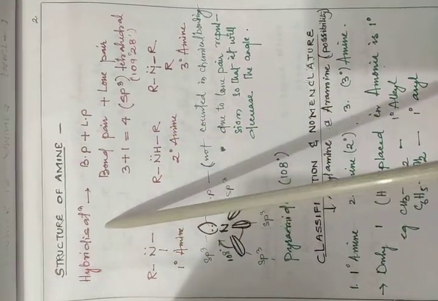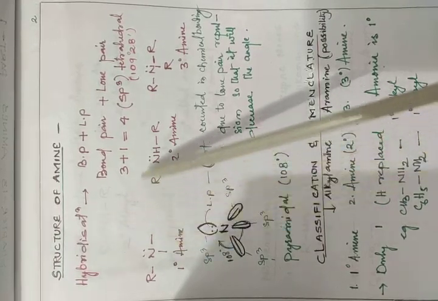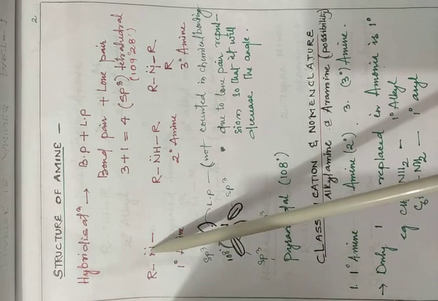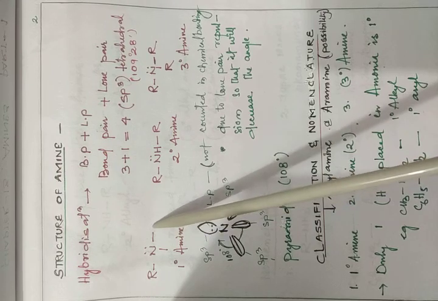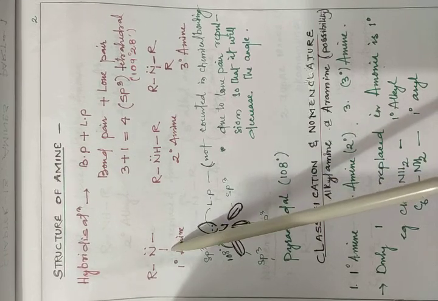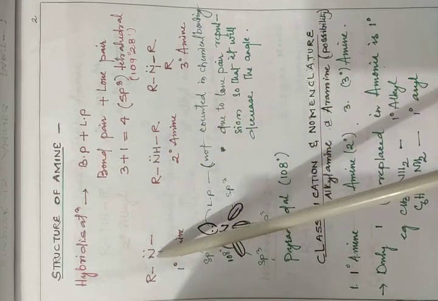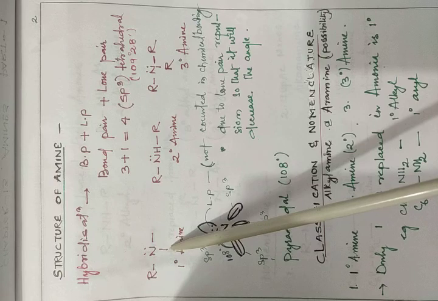Now the hybridization of amines. Here we see this is alkyl R, and here a lone pair is there, then another hydrogen, and this also hydrogen. Here BP means bond pair. One bond pair is there, another one, another one.